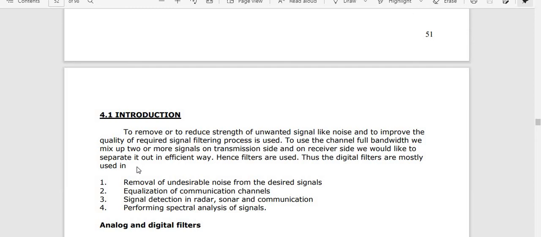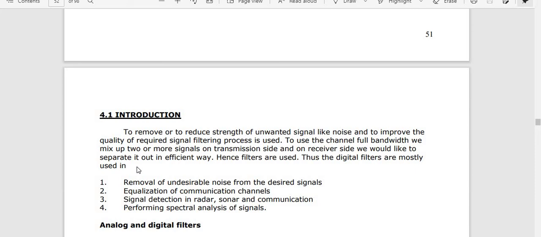If it is not happening, if there is some noise in between and we get a lot of problems when we try to transfer the signal, then that system is not that efficient when compared to the digital system, because digital systems are more efficient than analog; in analog you get a lot of disturbance and a lot of noise. So why are we proceeding with digital? The reason is to remove or reduce the strength of unwanted signals like noise, and to improve the quality of the required signal, the filtration process is done.